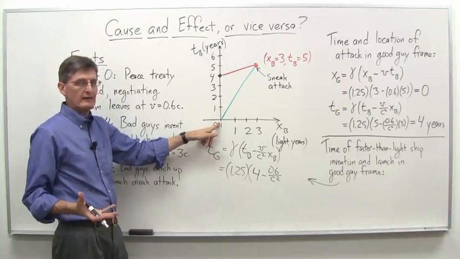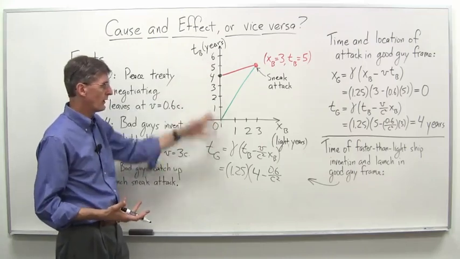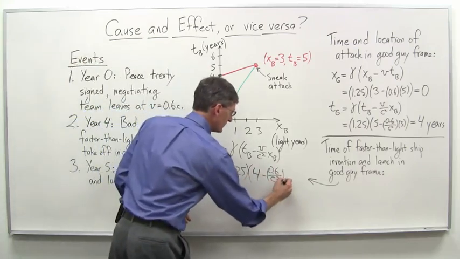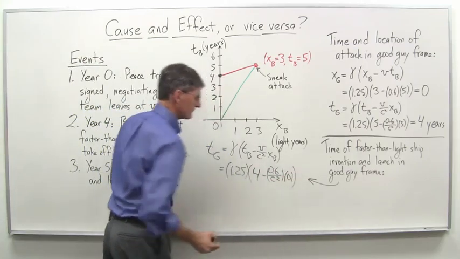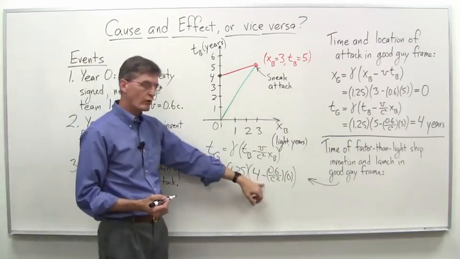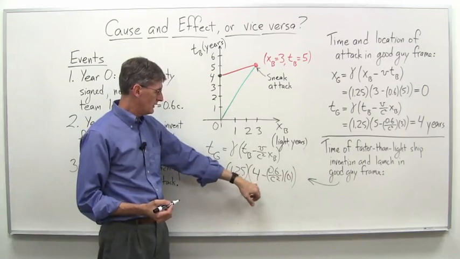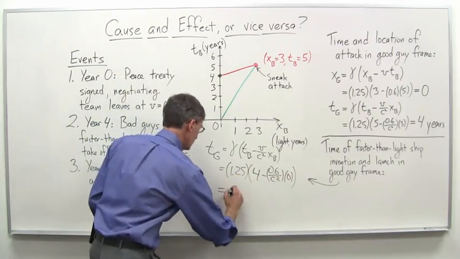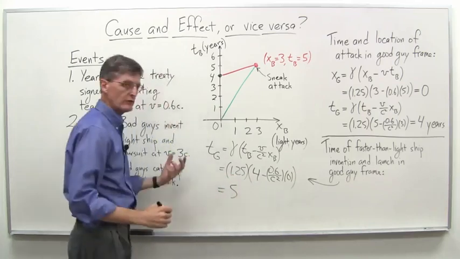It's on their home planet, right? So that's the 0 point in their coordinate system. So this whole second term is just times 0. That whole second term disappears, and I'm just left with 4 in the middle here. It's 4 minus 0. And 4 times 1.25 is 5, and our units are years.